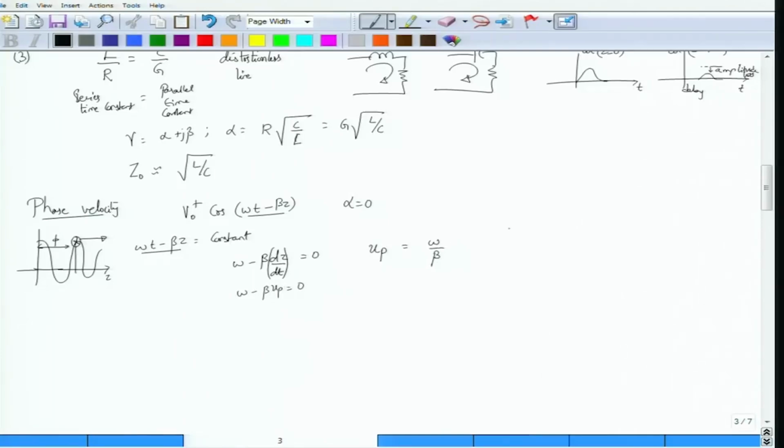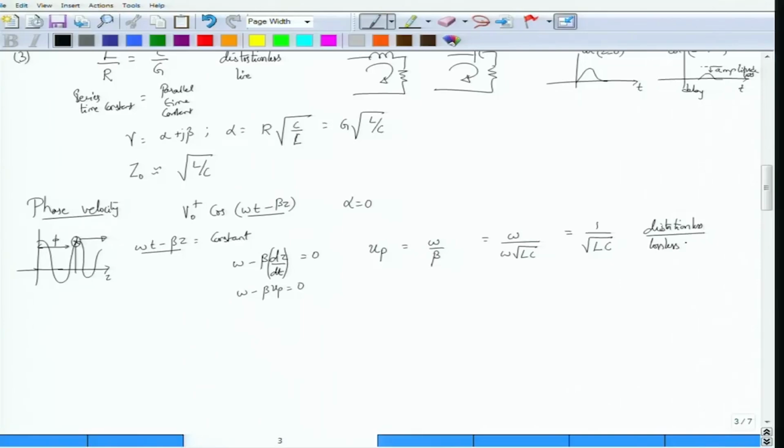For a lossless case, we have already seen that beta is nothing but omega square root LC. So which means that up, the phase velocity, is given by 1 by square root LC. And this is again the characteristic of a lossless line, low loss line, or the high frequency line, as well as for the distortionless line. Why for the distortionless line?